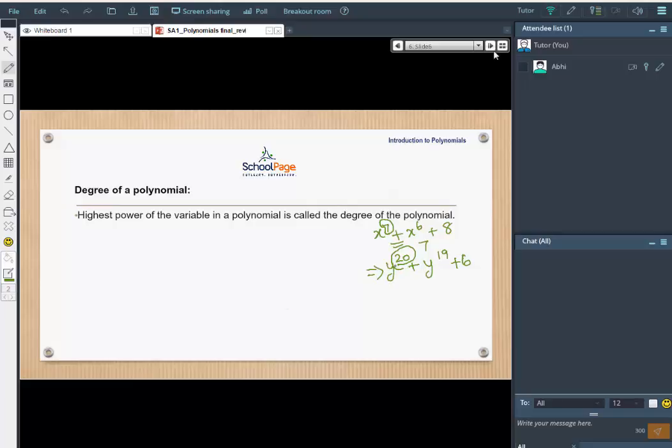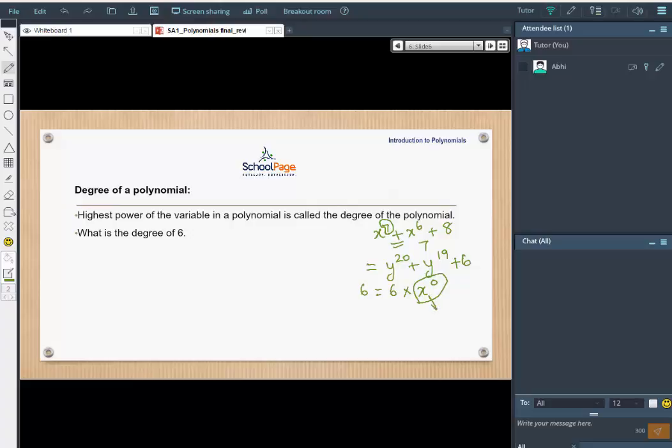Now we have a constant, that is 6. What is the degree of 6? Degree of 6 is 1. The degree of 6 is not 1 because 6 can be written as 6 into x raised to 0. What is x raised to 0? Any variable or number when it is raised to 0 becomes 1.